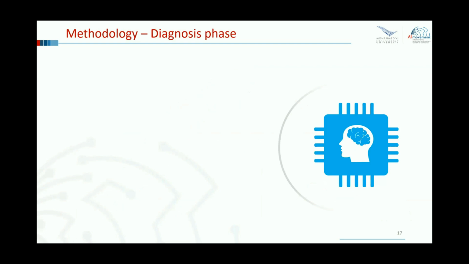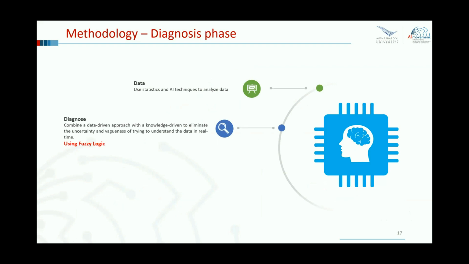Concerning the diagnosis phase, it first starts with collecting data and using statistics and AI techniques to analyze it. Secondly, using fuzzy logic techniques to integrate digital data and expertise knowledge to properly diagnose a system and eliminate the uncertainty and the vagueness of trying to understand these data.